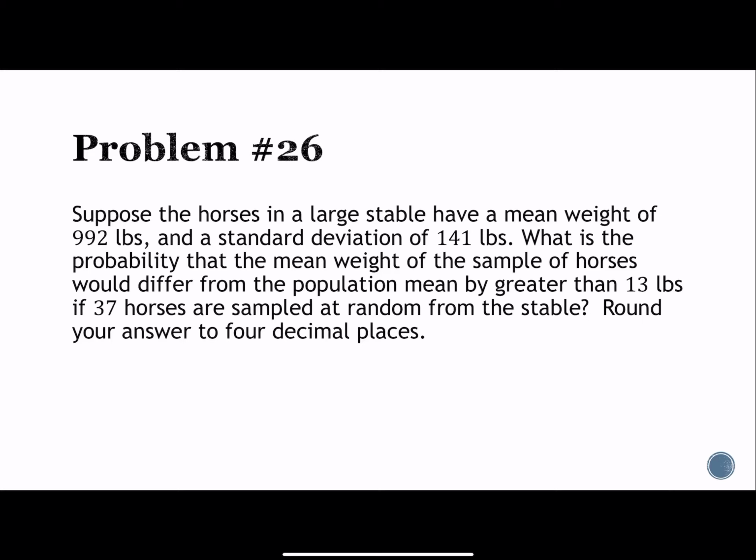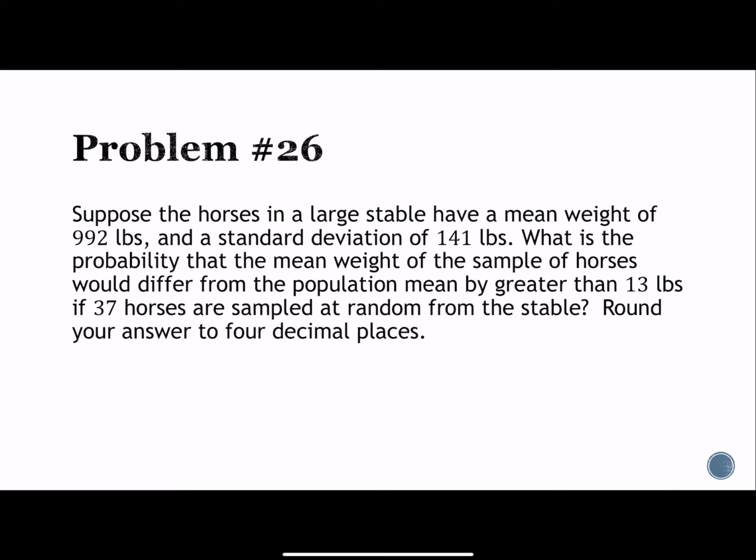We know we have a sample, 37 horses, and we want the probability of the mean weight, that means Chapter 7. Probability of the sample mean. And look at the phrase here, would differ from the population mean by greater than 13 pounds. That means area in the tails.